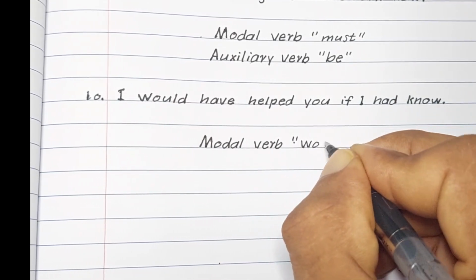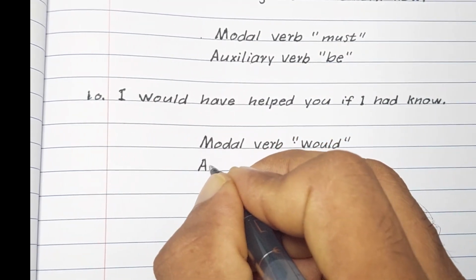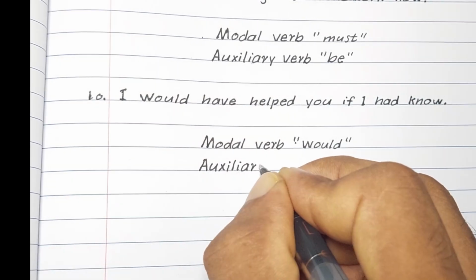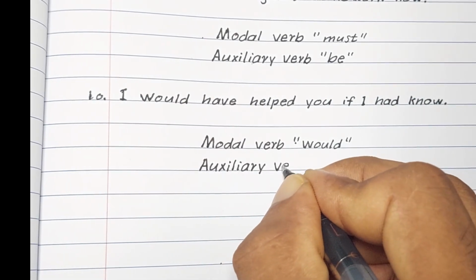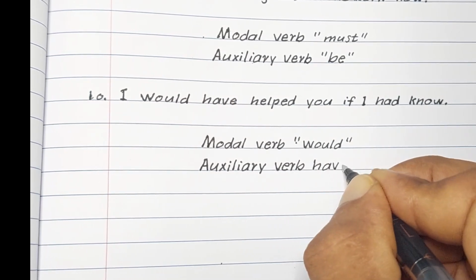I would have helped you if I had known. The modal verb would implies a hypothetical situation, and the auxiliary verb have helps form the perfect tense.